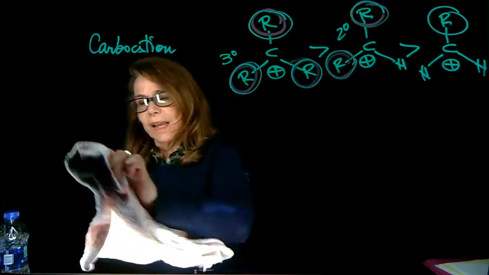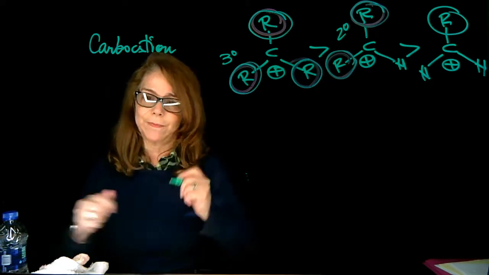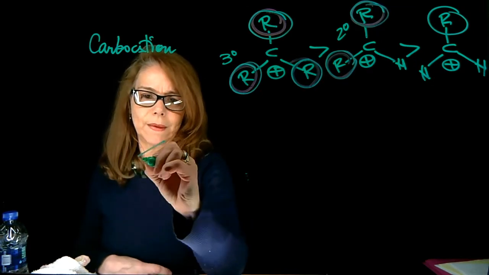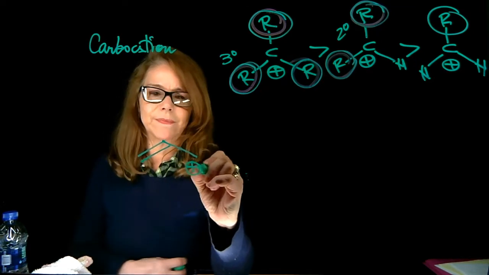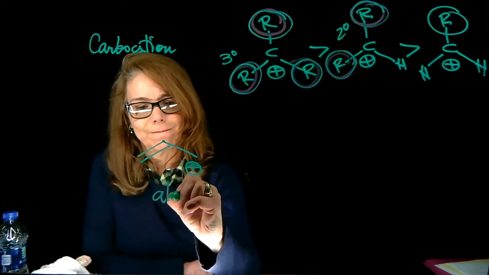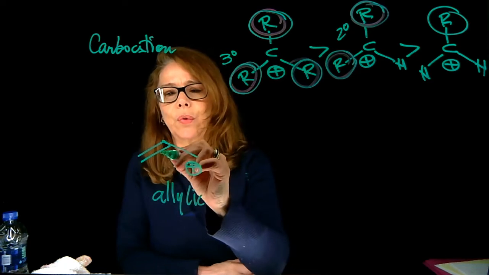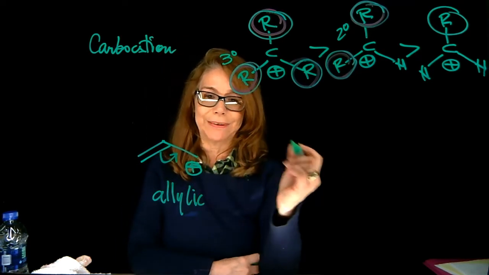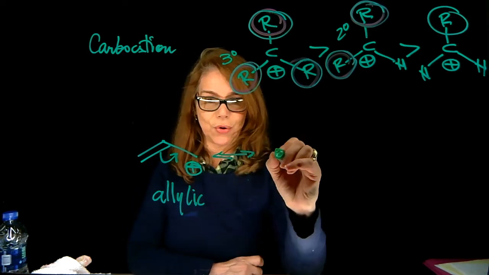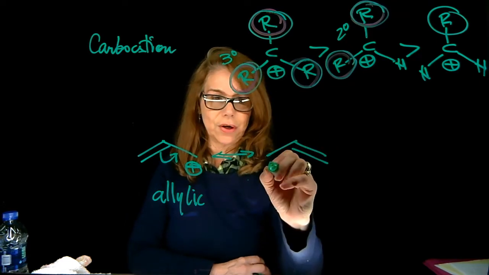Say that we have now this carbocation. This is allylic. So the allyl carbocation, we know that we can stabilize by resonance. We can draw this resonance structure.